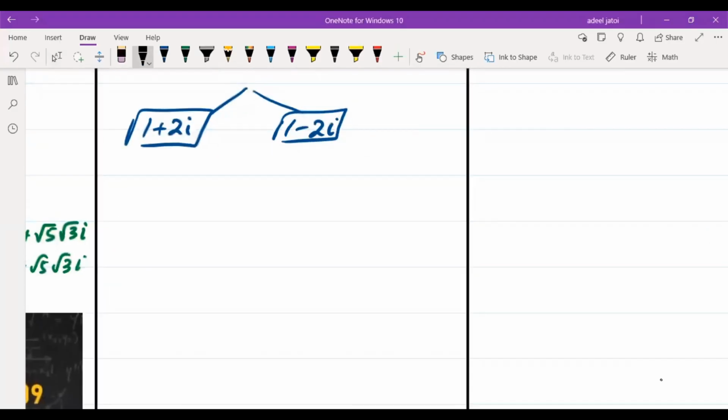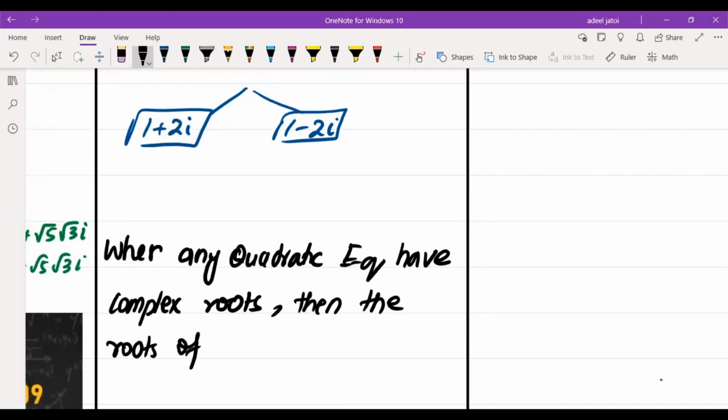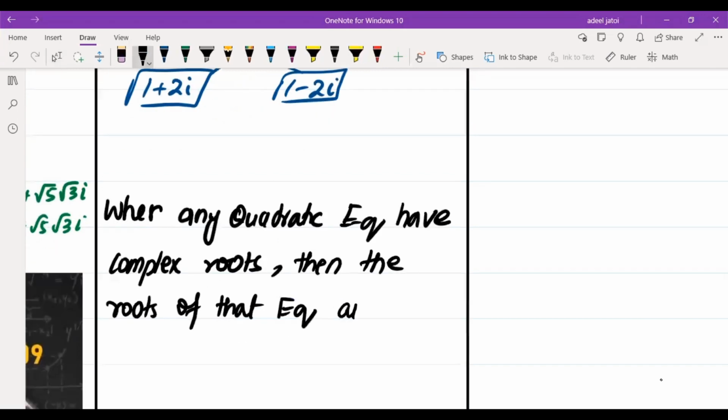Okay, moving forward, when any quadratic equation has complex roots, then the roots of that equation are conjugate to each other.